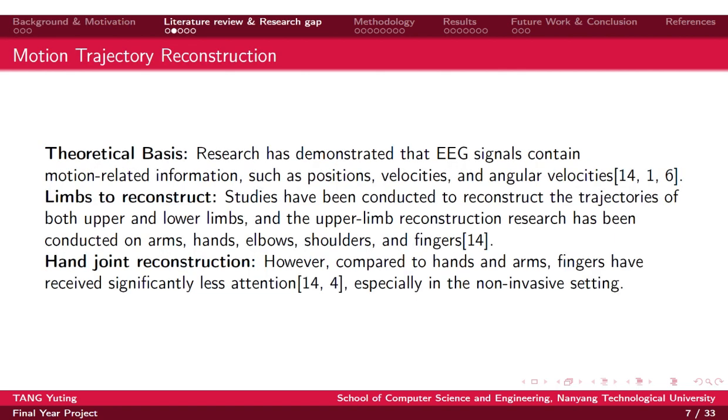Research has demonstrated that the EEG signals contain motion-related information like positions, velocities, and angular velocities. And studies have been conducted to reconstruct the upper and lower limbs, like the hand, arms, elbows, shoulders, and fingers. However, compared to hand and arms movement, fingers have received significantly less attention, especially in the non-invasive setting.